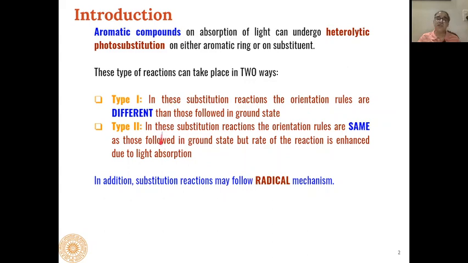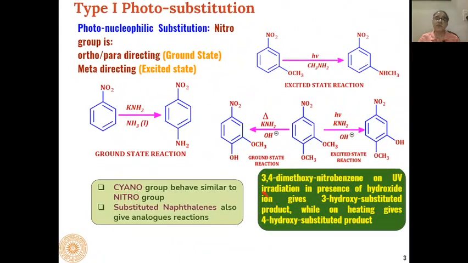And in addition to these two types, there are some substitution reactions which take place photochemically by radical mechanism. So we will discuss all these three types of photo-substitution reactions. So first is type 1 photo-substitution reaction.